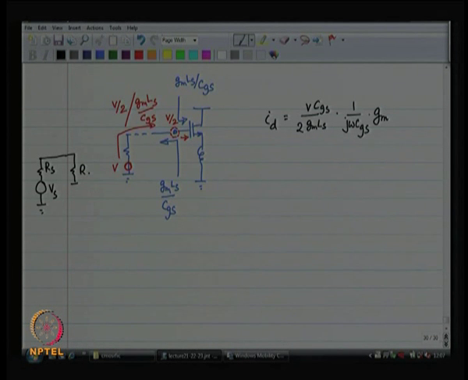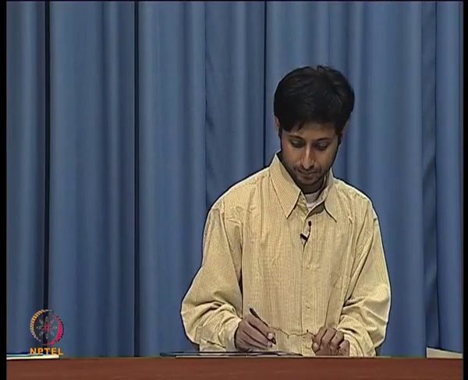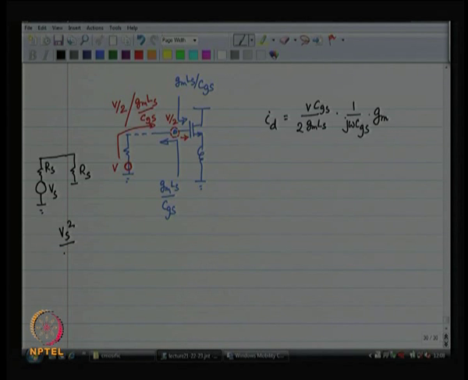You have done a good job with matching. This is what your network looks like as far as the source is concerned, right. So, Vs and Rs, they are delivering how much power to Rs, to your load, to the LNA. Vs is delivering Vs squared by 4 Rs. This is the power delivered to the LNA.